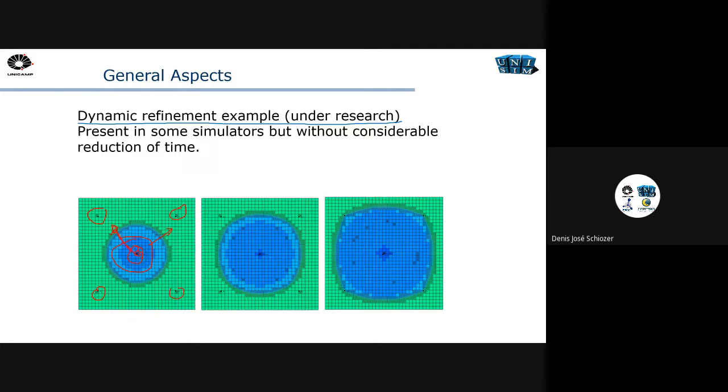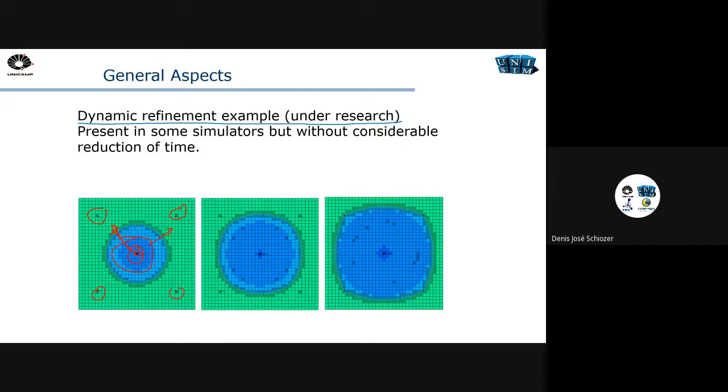So there are some simulators that have some codes today, and I'm going to explain a little bit of this when I talk about the equations, that try to understand which places of the reservoir are more important to solve implicitly and explicitly, like the IMPES method that I told you, and which parts of the grid are more important to refine.